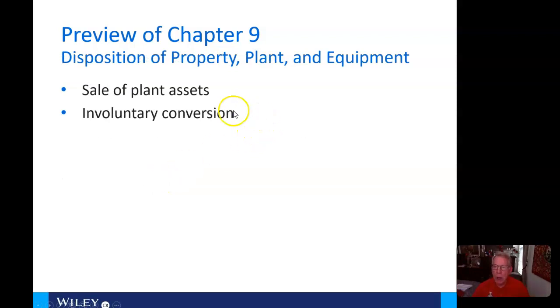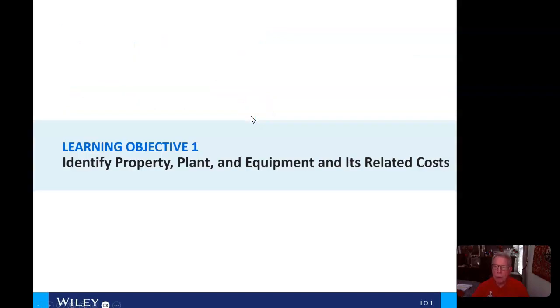And then, as we dispose of property, plant, and equipment, how we sell plant assets, and perhaps even some involuntary conversions.